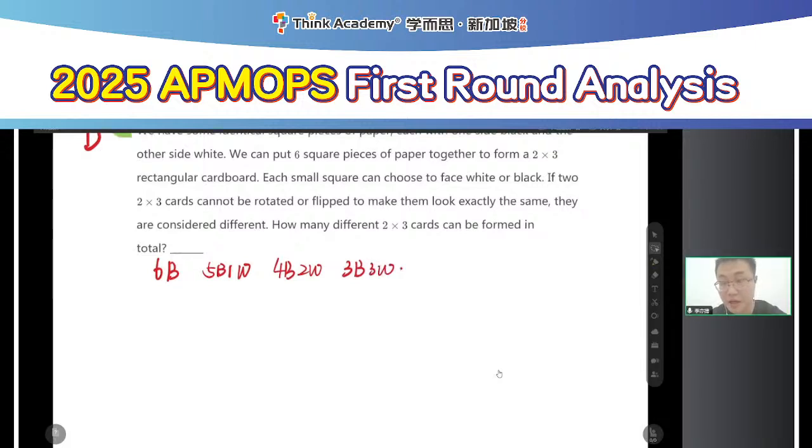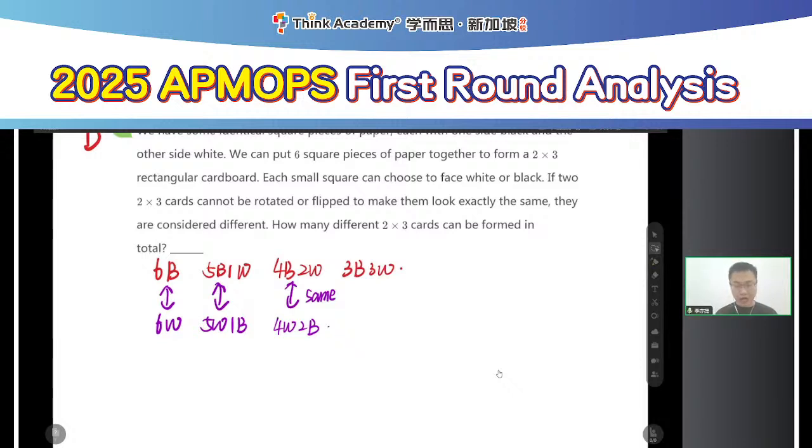And the thing you should notice is that we also have 4 white 2 black, 5 white 1 black, or 6 white. Generally speaking, these must be the same, because if you flip a 4 black 2 white, you can always get a 4 white 2 black.